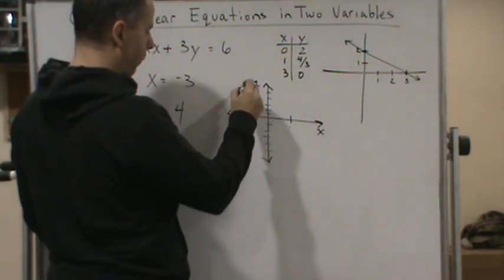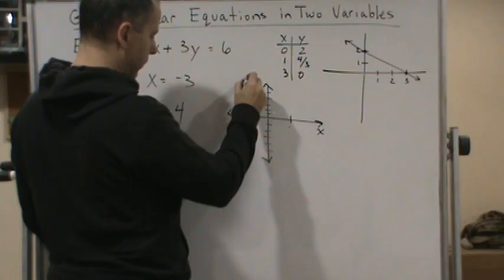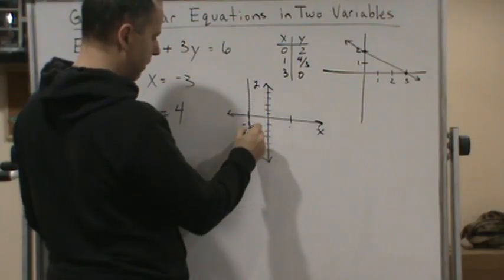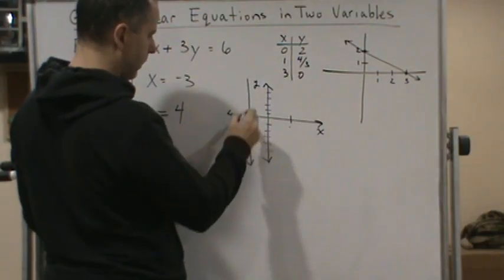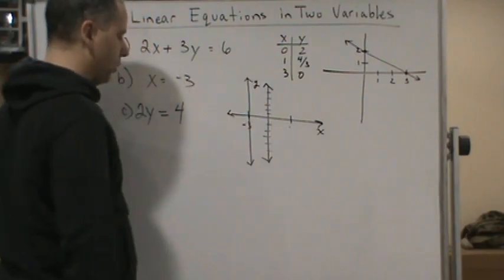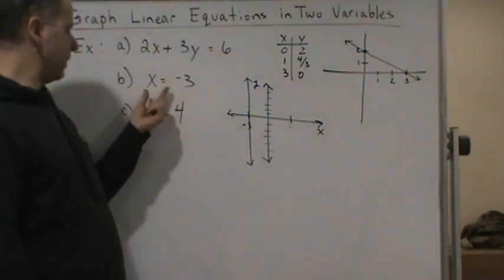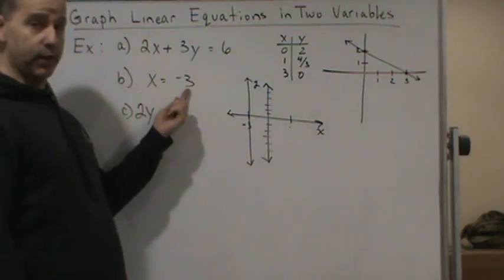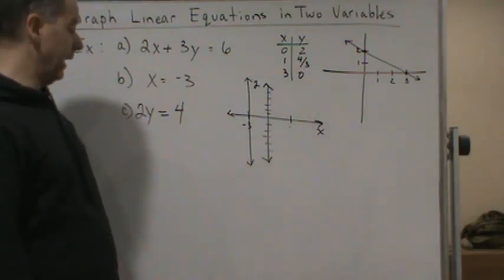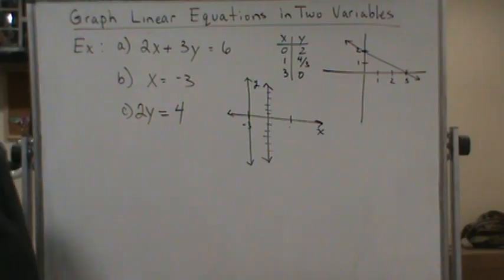So when y is up here, it's always -3. So what does that mean? It means we have a vertical line that goes through -3. And so anytime we have something where x is equal to an integer, we have a vertical line.